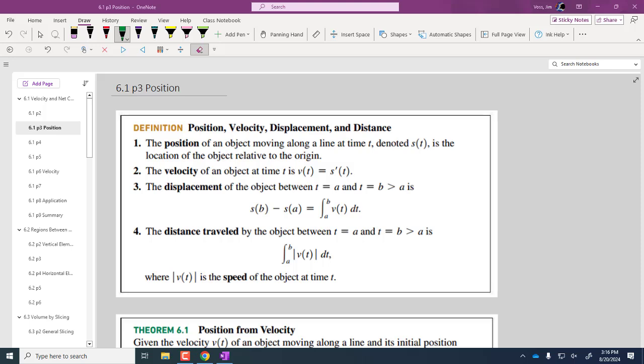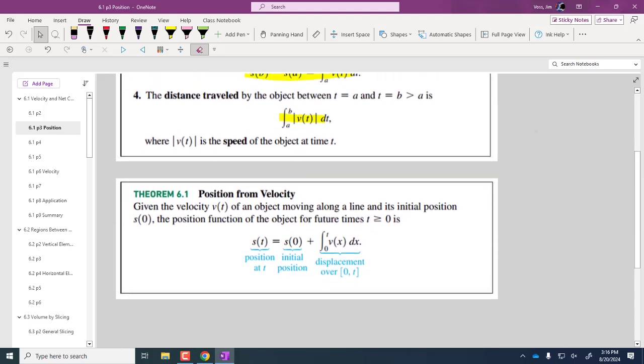So we've said that displacement is going to be the definite integral of velocity from A to B. That'll be the displacement on an interval A to B. And if we integrate speed, we will get distance traveled. And again, it looks easier than it is because we know that an absolute value is a piecewise defined function, so that's going to actually be a little more complicated than it looks, but that's an easy enough definition.